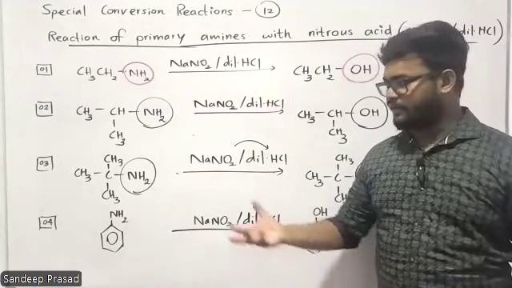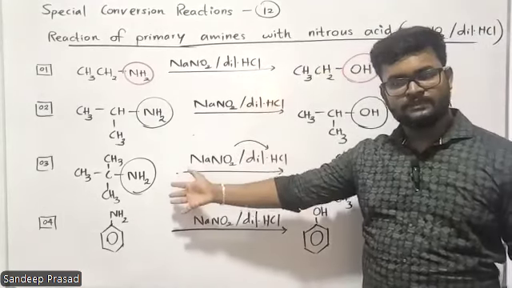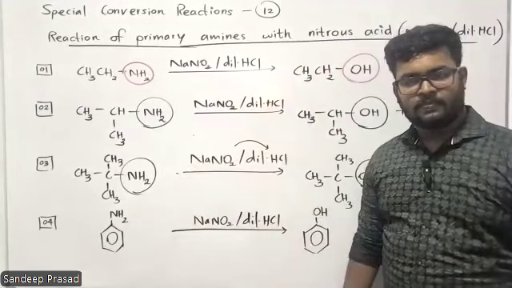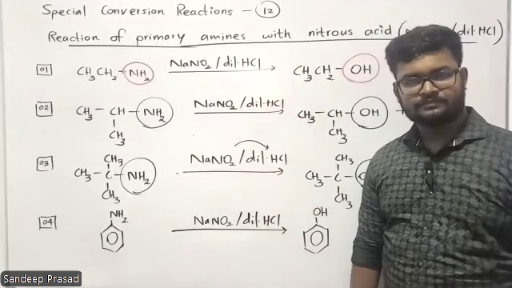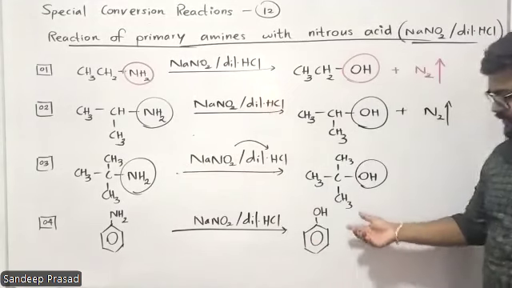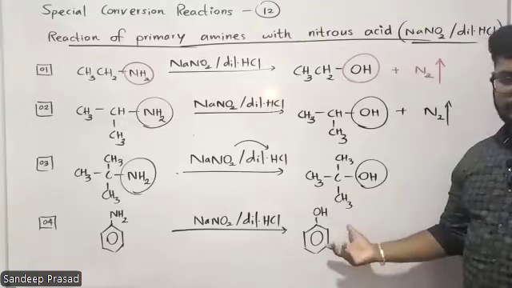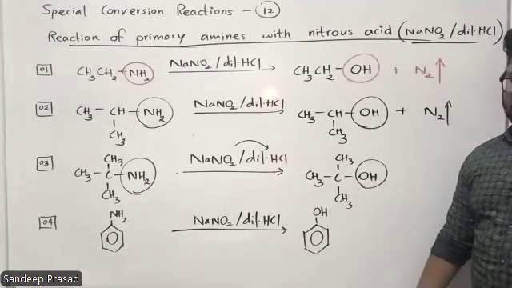Can you remember, in the activating group list I gave you, this is the highest one, the NH2 group. So it can activate the benzene ring. So therefore, it can be converted into this compound in the presence of an acid.